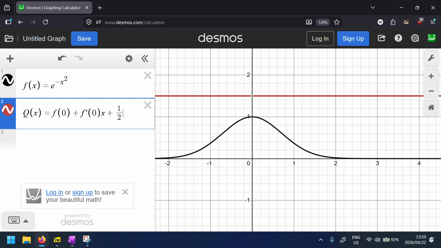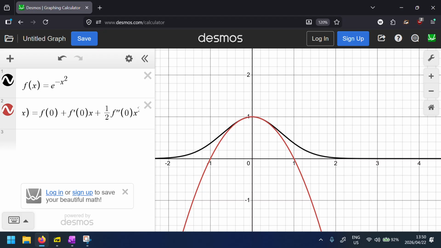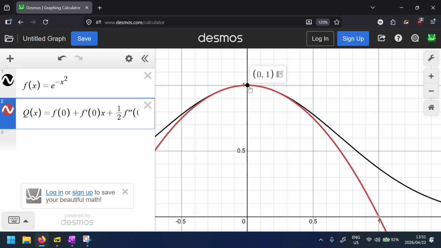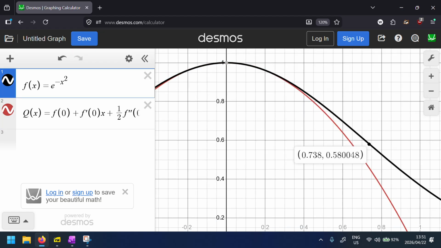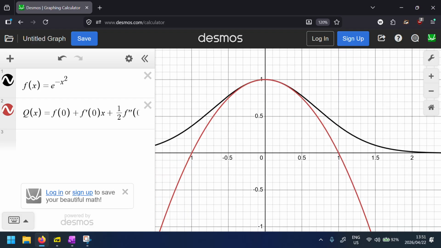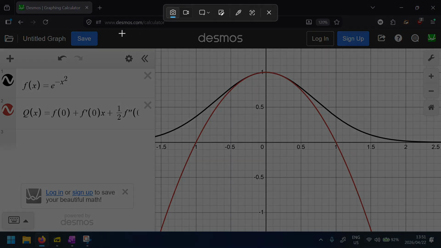Okay, plus 1/2 f double prime at 0 x squared. Here we get that parabola that we had there. Again, notice very, very close to our points of interest. It's a very good approximation. The further out we go, right, it starts getting a bit bad. Yeah, over there. Yeah, so it should look something like this.